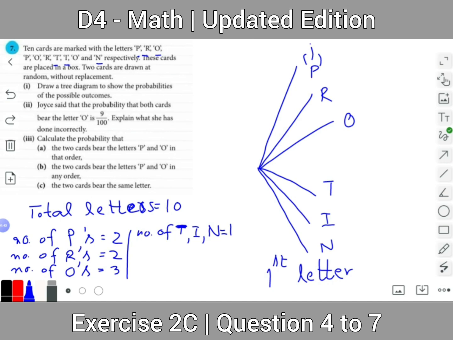And after adding up, they are equal to 10.